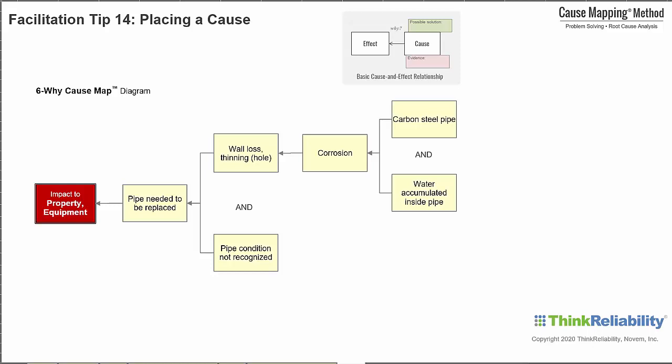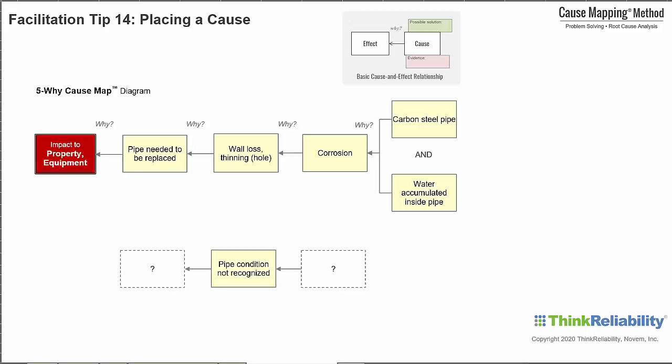This will give the investigation team an opportunity to understand, one, why the wall loss is occurring, and additionally some opportunities surrounding inspection practices or maintenance practices to better understand the condition of that pipe. If you used the question, if I took this cause away, which effect would I change, control, or mitigate?